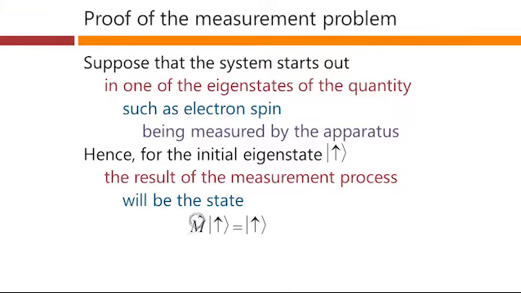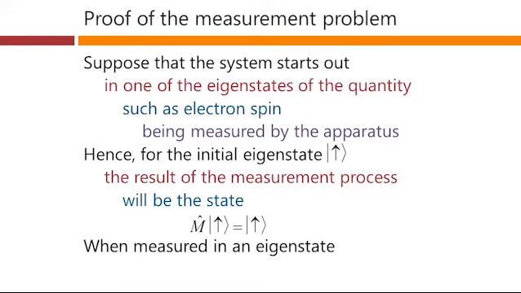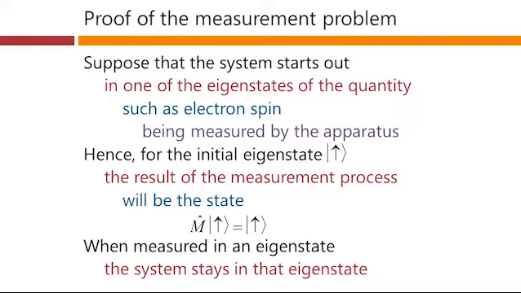That is, the measurement apparatus described by this quantum mechanical operator here, because the measurement apparatus is presumably quantum mechanical, operating on the spin up, should give us spin up. That's the result we want from our measurement apparatus when it's measuring the state that is spin up. When measured in an eigenstate, the system therefore should stay in that eigenstate when we perform the measurement.